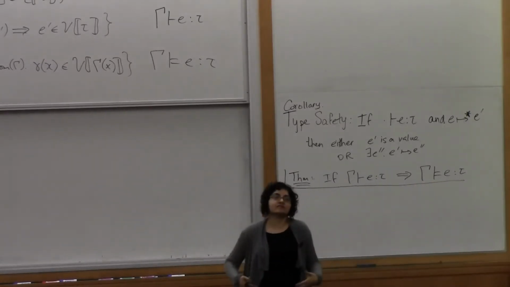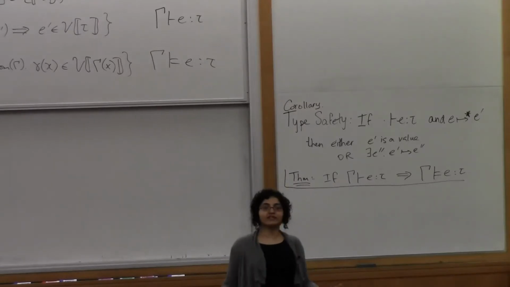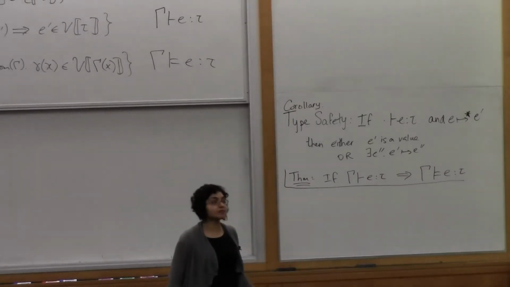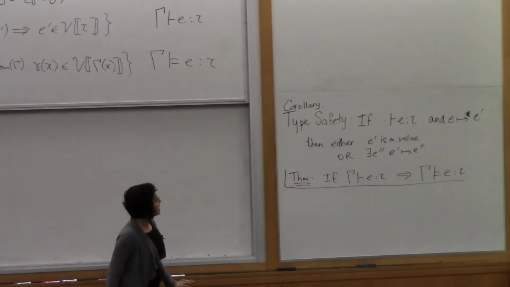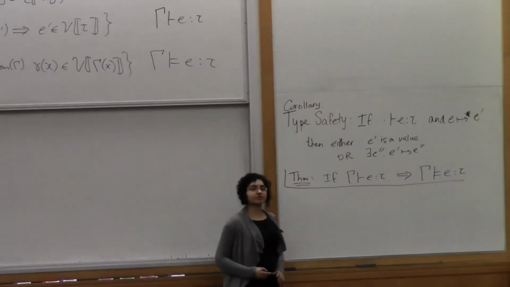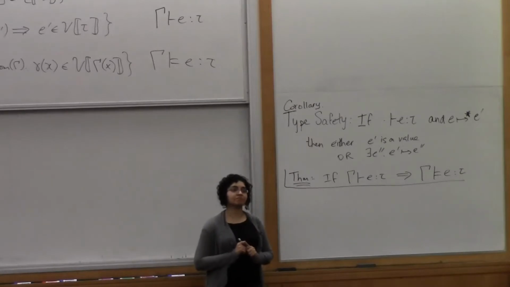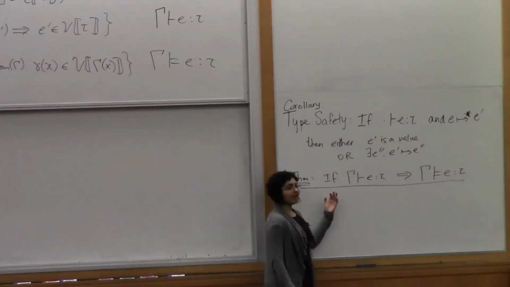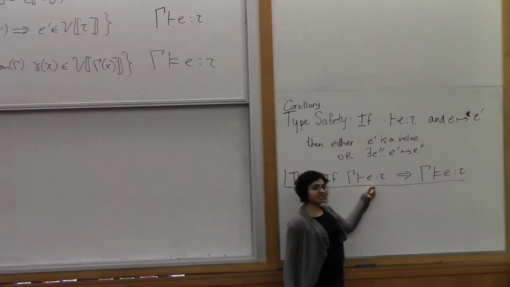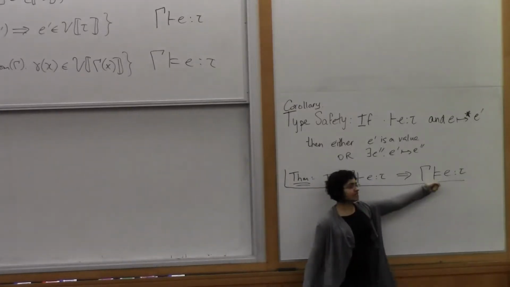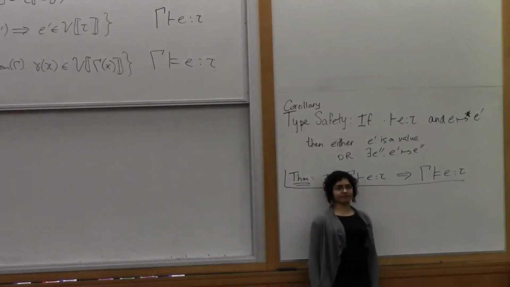I keep using this terminology, because we're doing a proof of type safety. But when you do anything with logical relations, you're going to see a theorem of this form every single time. And the general form is, if E is well typed, then it's in the logical relation.